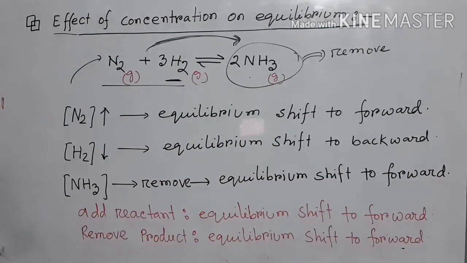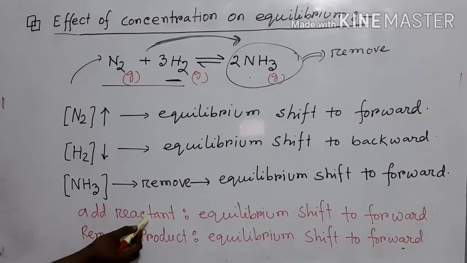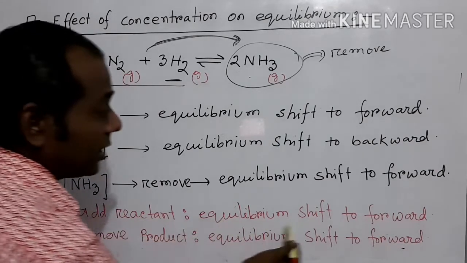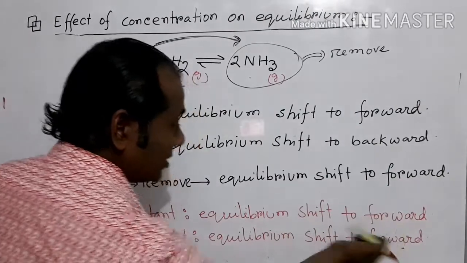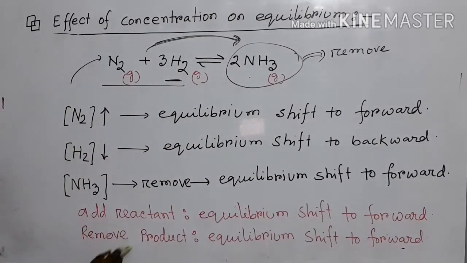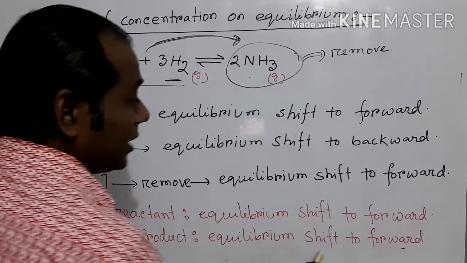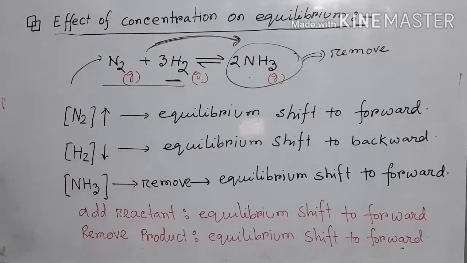And if we remove reactant, then equilibrium shifts to backward, and if we add product, then equilibrium shifts to backward.